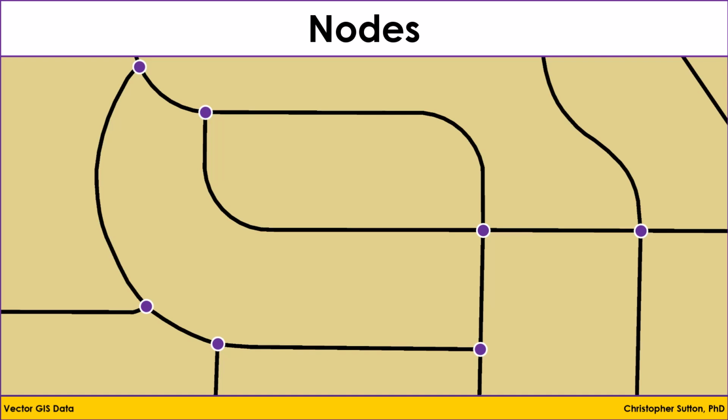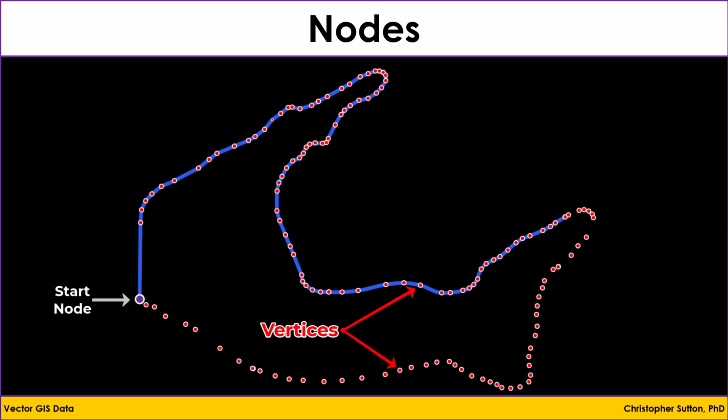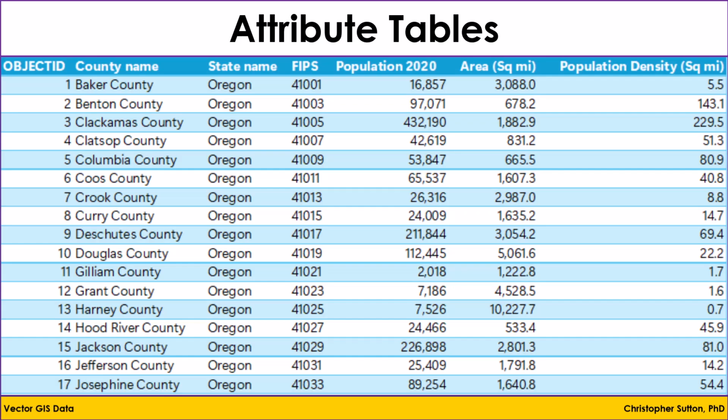A line can contain vertices that are not nodes, such as the location where the line changes direction. In polygon features, nodes are the first and last vertices of the boundary. In a polygon representing a lake, the shape is comprised of vertices defining its shape, and the first and last vertices are nodes.